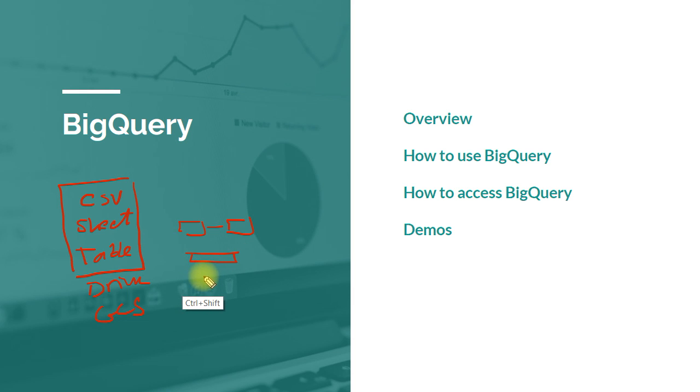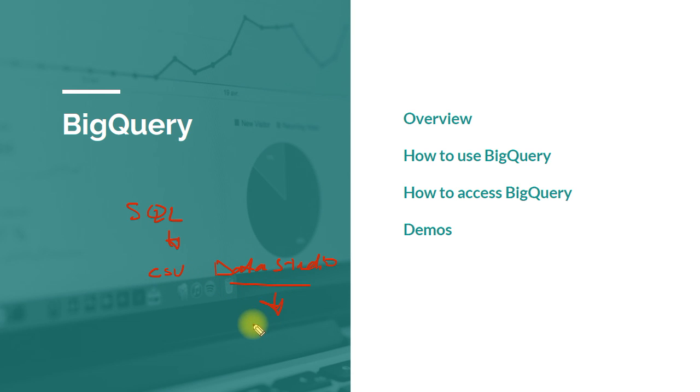Once your structure and schema is ready, you can start using standard SQL queries to query the data that you have imported into BigQuery. Once you get the result, you can either choose to get the data in CSV format or import it to Data Studio. Then on Data Studio, you can visualize it with charts or statistics or whatever views that you want to give to your users.